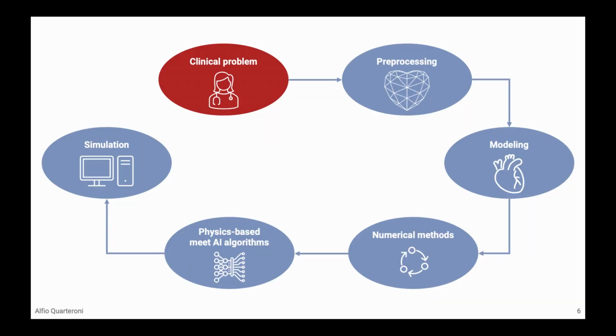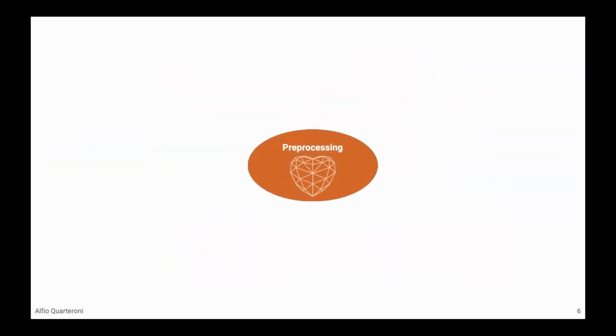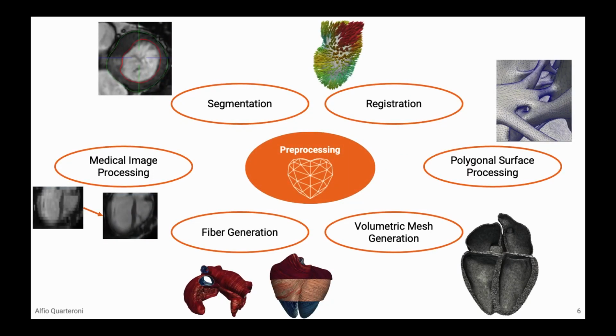So we go through the pre-processing, which means creating the data that will then be useful for the mathematical model, create the mathematical model, solve it numerically, and hopefully, with the help of artificial intelligence algorithms, say machine learning algorithms, simulate what happens and deliver the solution to the clinicians. This is the whole path. I'll go through all these points, and I will try to be fast because every single point would require a lot of investigation.